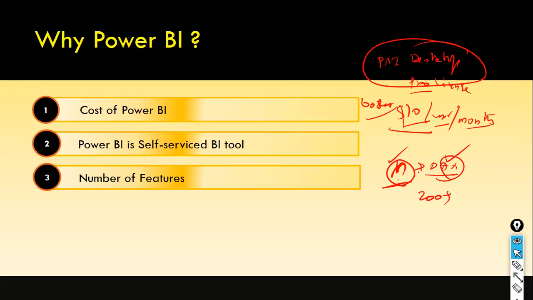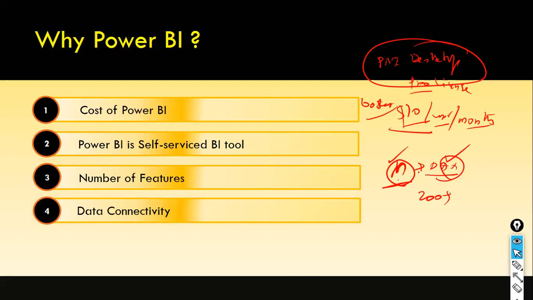Okay. The next one is the data connectivity. With Power BI, you can connect to any source system, any files. For example, you have an Excel file, you have the data available in big data, Hadoop system, or Hive, SQL, Oracle, you name anything, or NoSQL database. How many have heard about Mark Logic, right? So it's a NoSQL database.